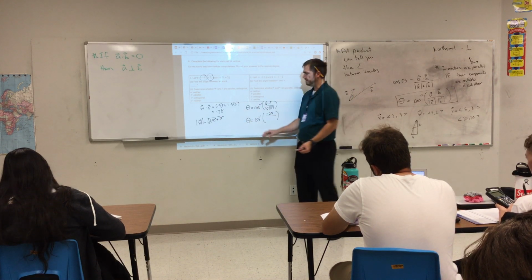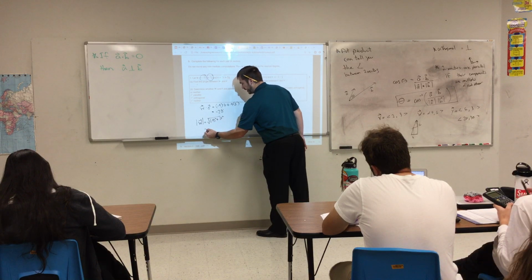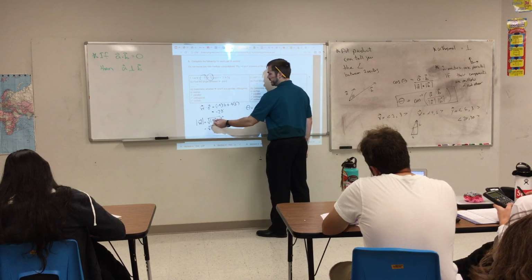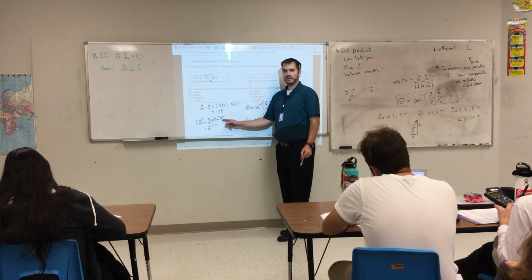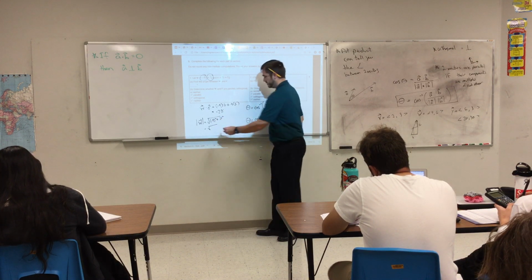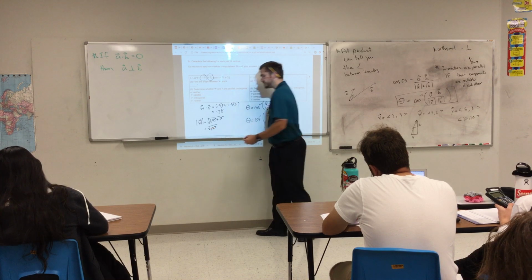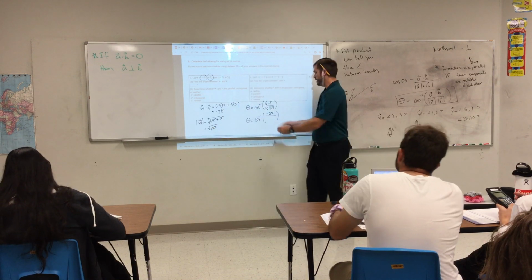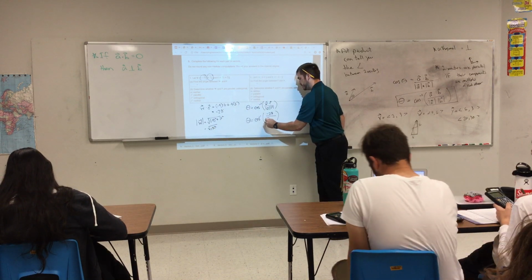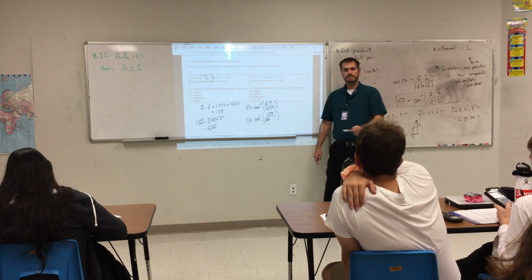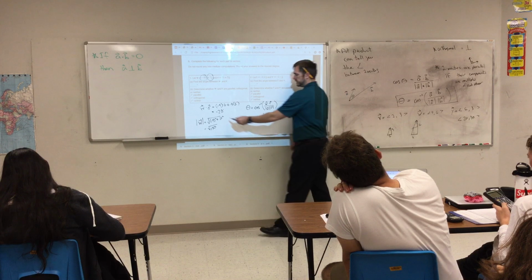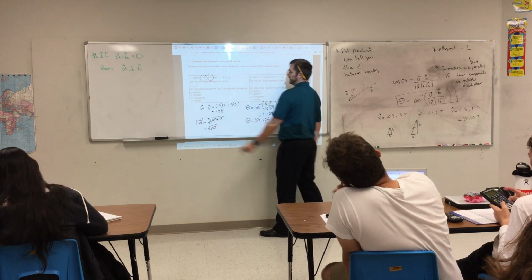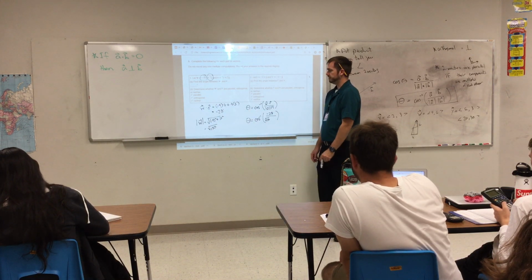I'm not going to type that whole thing into the calculator. What is 81 plus 49? 130? I'm just going to leave it as the square root of 130, because I'm not rounding any intermediate computations. That is definitely an intermediate computation.